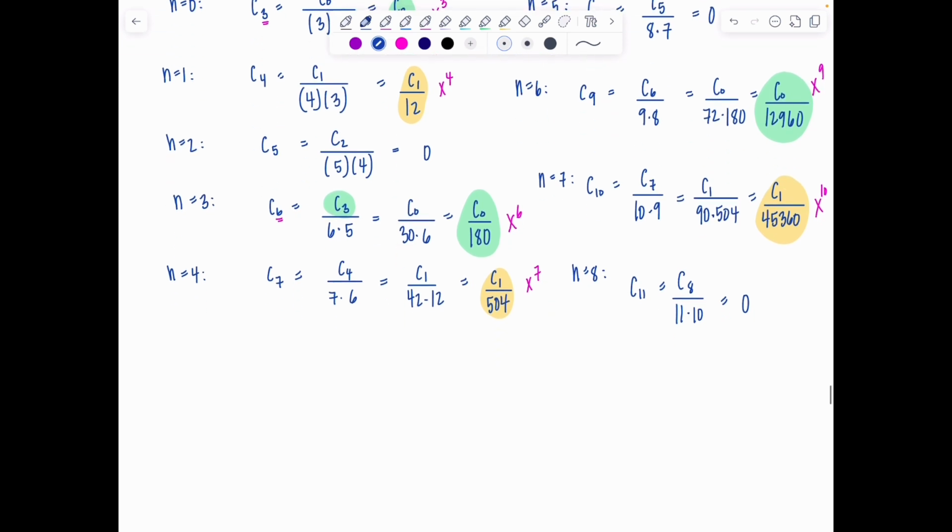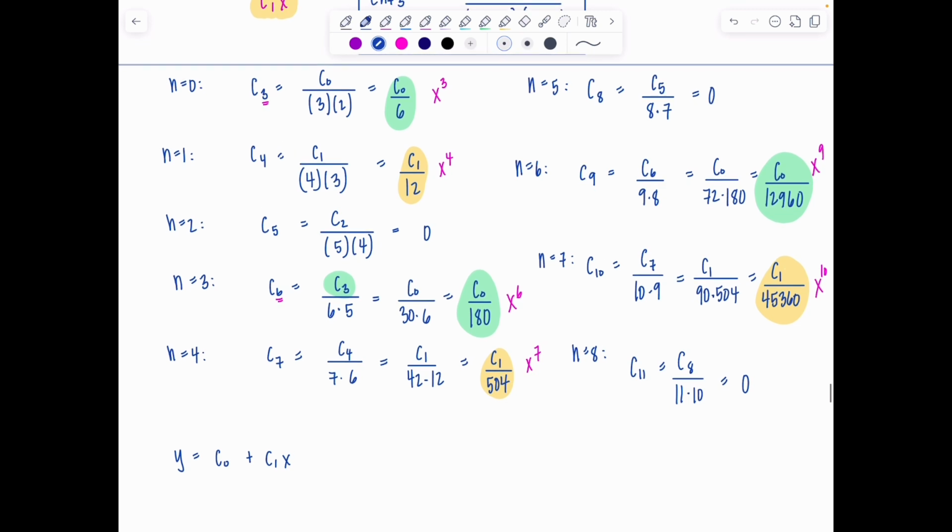So y equals C0, I'm going to do it in increasing order, plus C1 x to the 1st, there's no C2, then C3 is C0 over 6 x cubed, C4 is C1 over 12 x to the 4th, no C5.